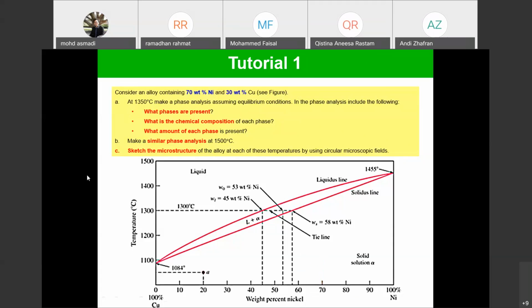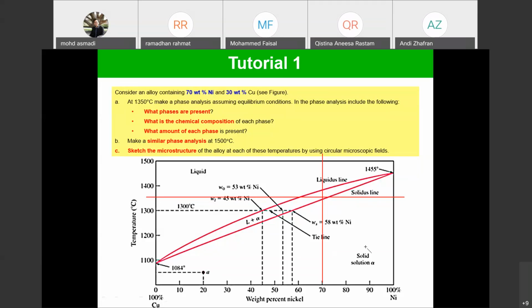This is the 70% line of this one. Here it says 1350, so I think it's around here. What do you think?